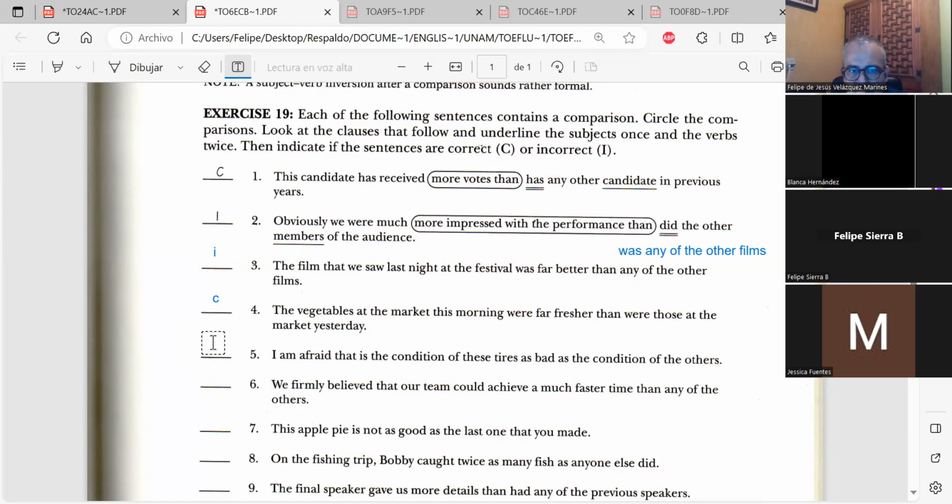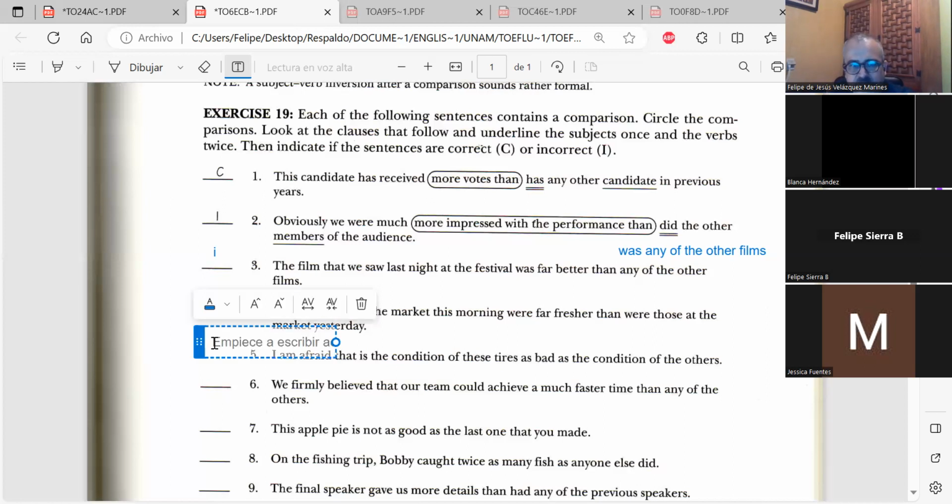I am afraid that the condition of these tires is as bad as the condition of the others? I think it's correct. No, it's incorrect. Why?